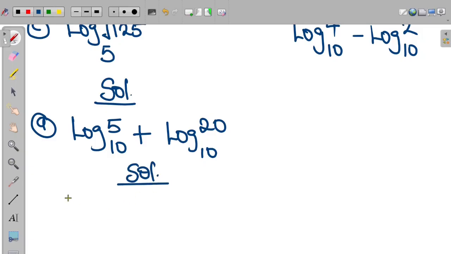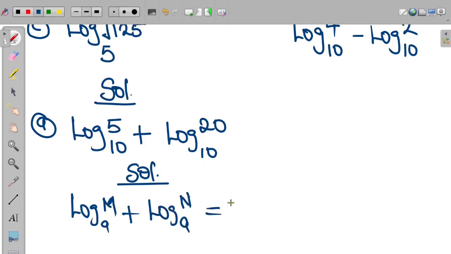From the addition law of logarithm, we have that log m to base a plus log n to base a is equal to log of m multiplied by n to base a.